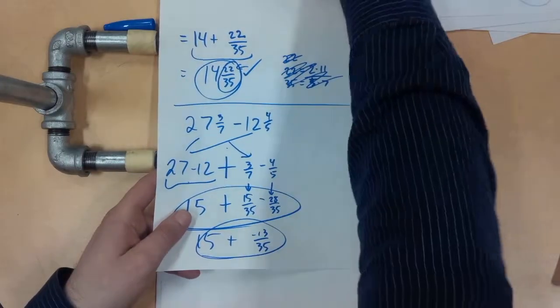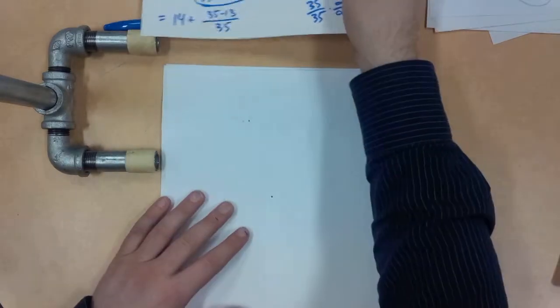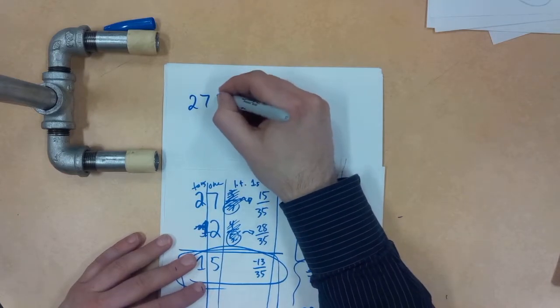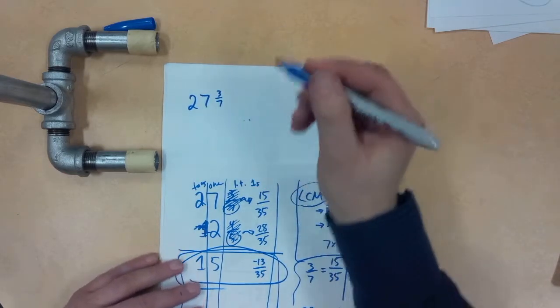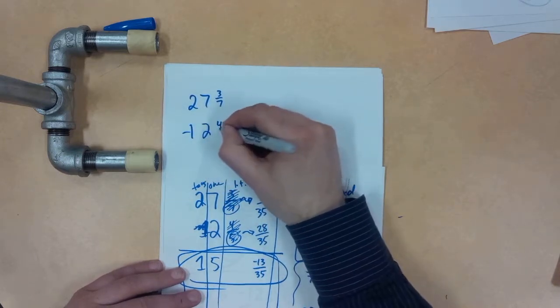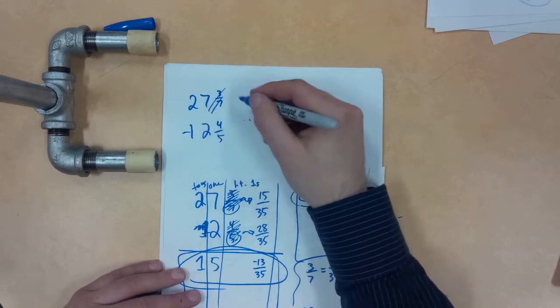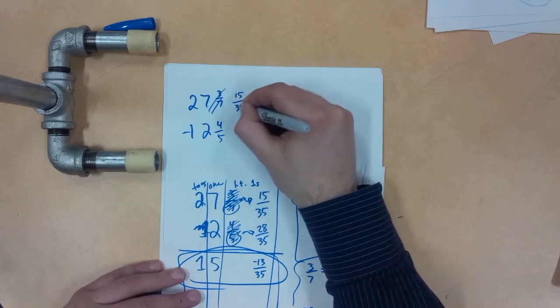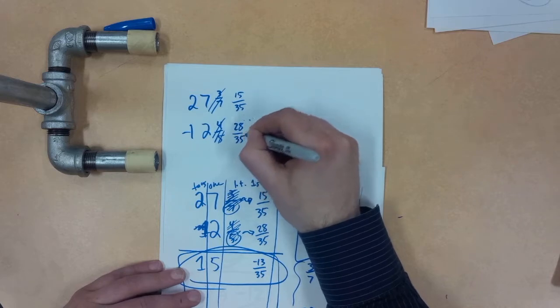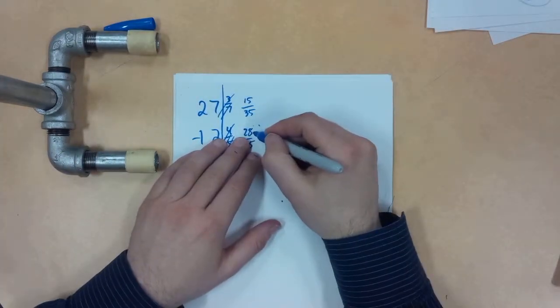Okay, I'm not going to go through that again. What I am going to go through is a way that I didn't show in the last video, and it's called regrouping. Okay, so we have 27 and 3 over 7 and 12 minus 4/5. Now I know that that's going to be 15 over 35, and this is going to be 28 over 35. Okay, so we're already at that stage, no problem. So I have to give away 28 more.